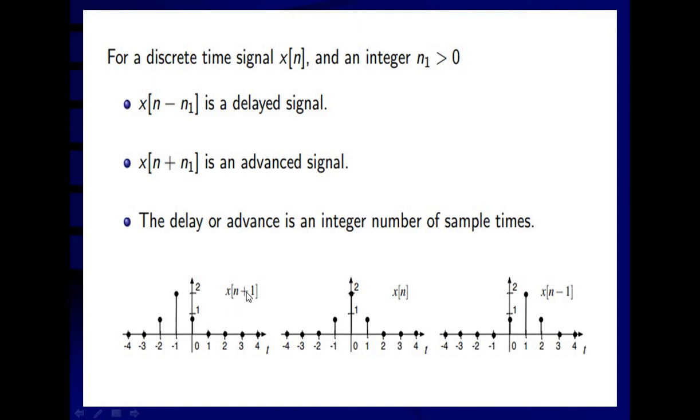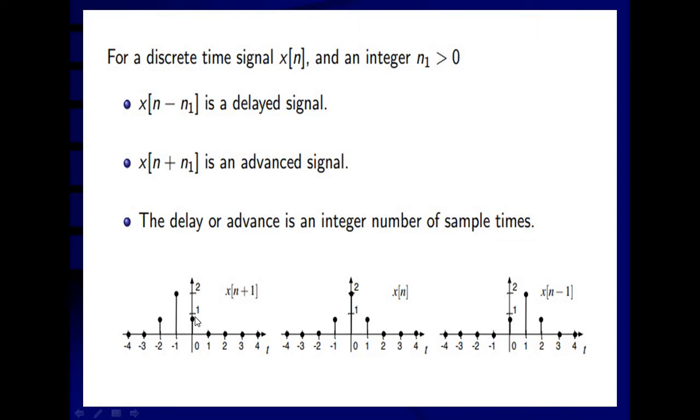To create an advanced signal x of n plus 1, simply glide the entire signal towards your left side by 1 time unit. So now at minus 2 your amplitude is 1, at minus 1 your amplitude is 2, at 0 your amplitude is 1.